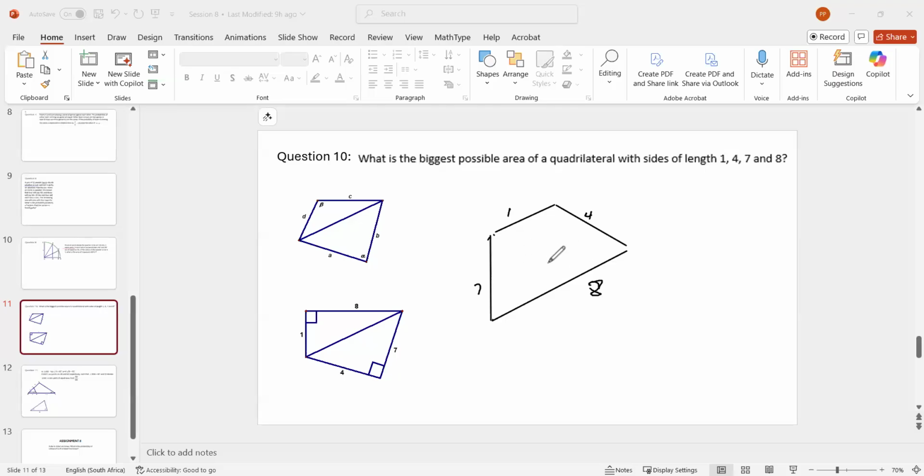So they want to know what is the largest possible area of this quadrilateral.